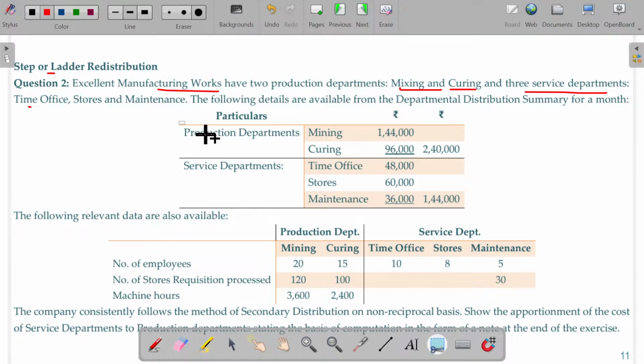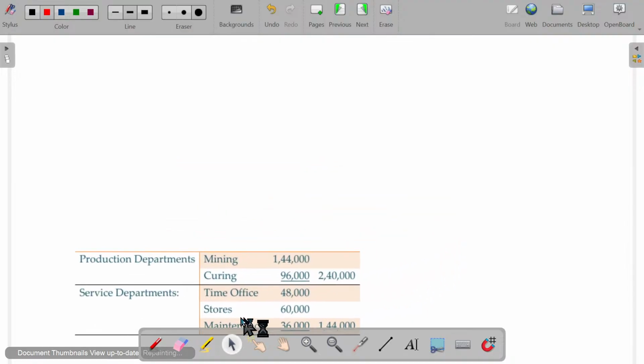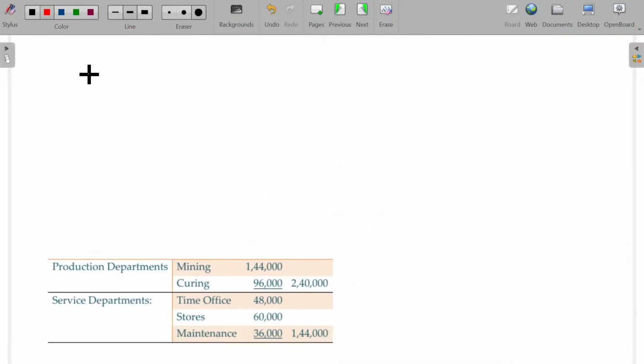This is about the expenses as per the primary distribution. How many production departments are there? Mixing and curing. How many service departments are there? Three service departments: time office, stores, maintenance.